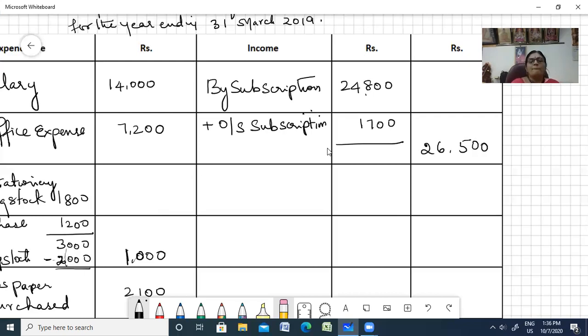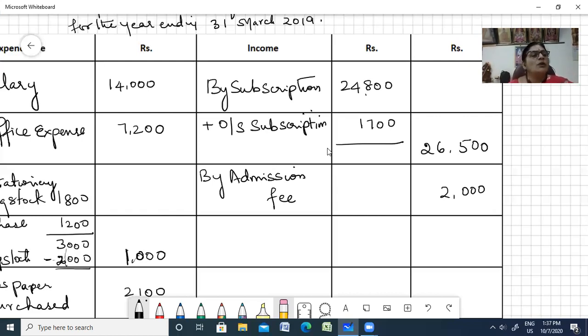Then by admission fee. What is the amount of admission fee? Admission fee is 2,000, right? Let us look into the problem. You have to have the problem in hand.